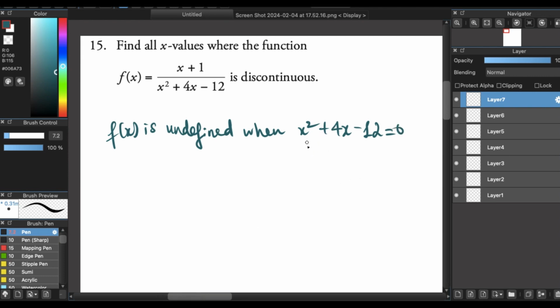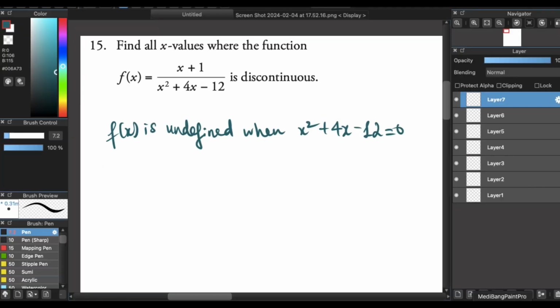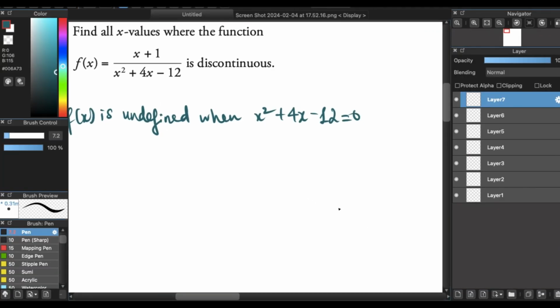You can use your calculator to solve for it, and you're going to obtain x equal to minus 6 and x equal to 2.